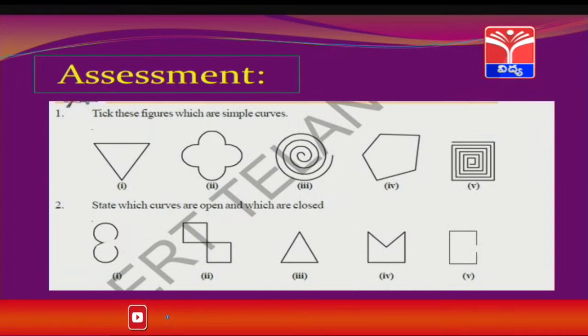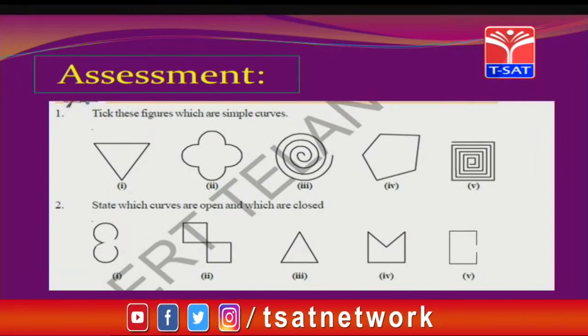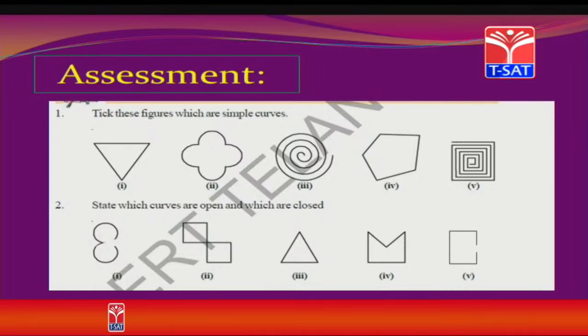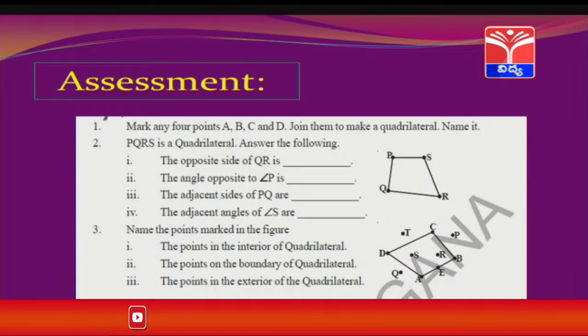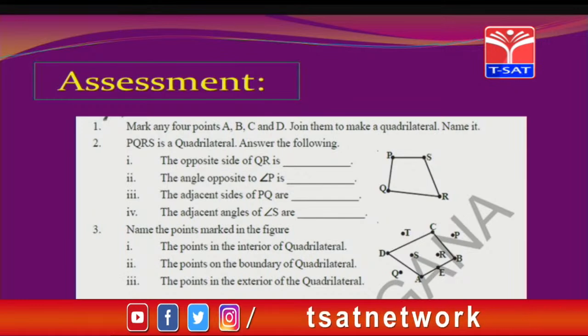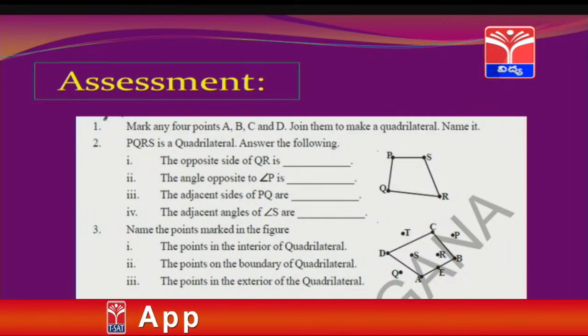A small assessment. See the figure, tick the figures which are simple curves, and shade which are open and closed figures. Again, this is the assessment for you. Mark any 4 points A, B, C, D on your sheet of paper, join them to make a quadrilateral, and name it PQRS.